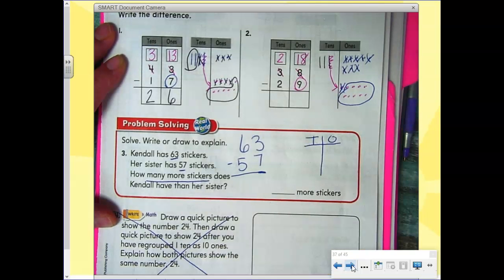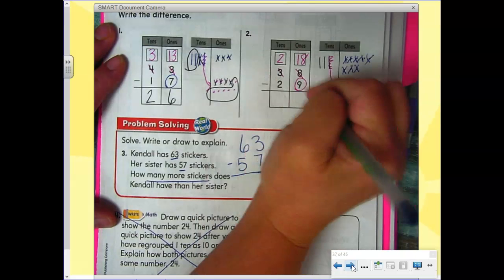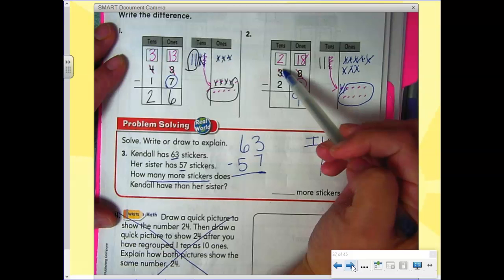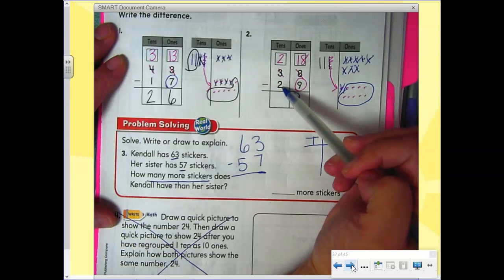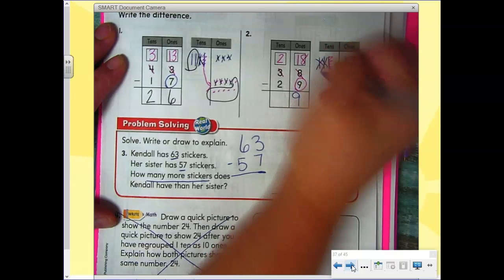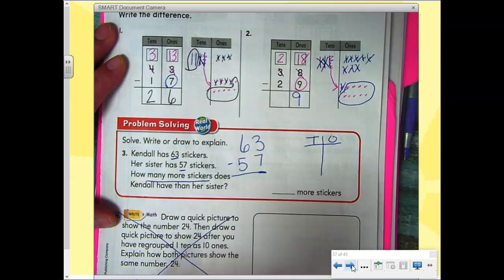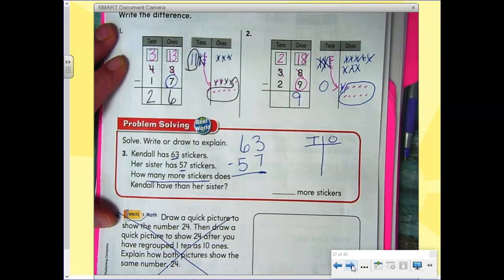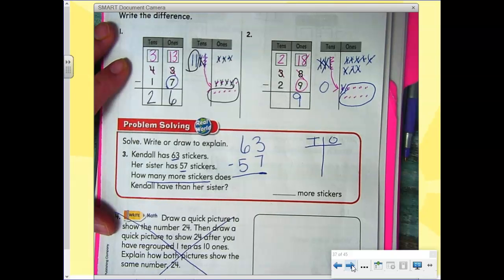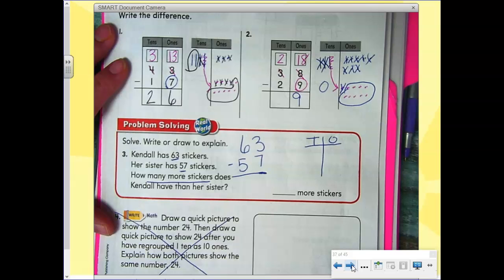I still have 9 left. Now in this column, in the tens, I have 2, and I take away 2. How many are left? I have none left. Do I place my 0 there? No, I don't need to place my 0 there. So your answer is 9. Thumbs up if you got both of those right. Great job.